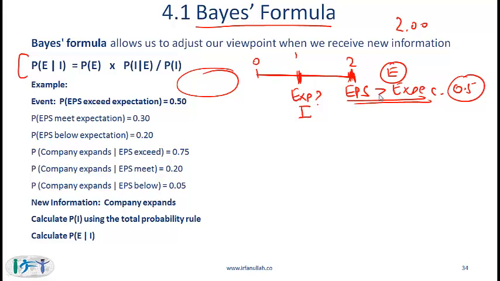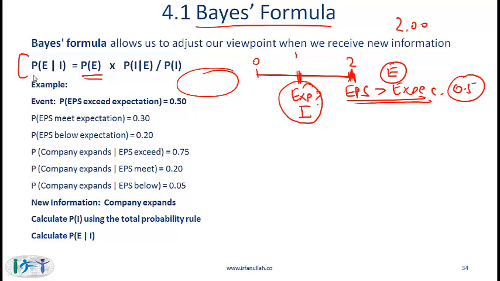So in simple terms, here is what Bayes' formula is doing. It is starting with a certain original probability of the event that you are interested in, and then that probability is being updated based on the new information that you receive.